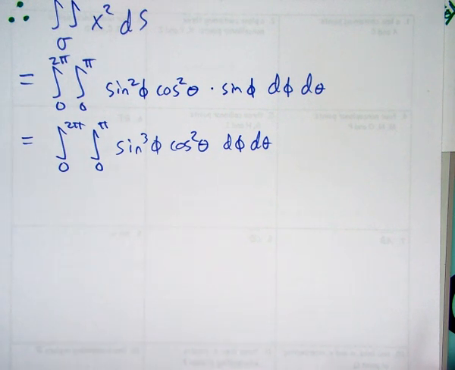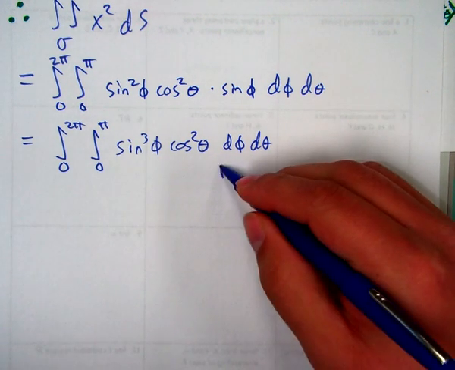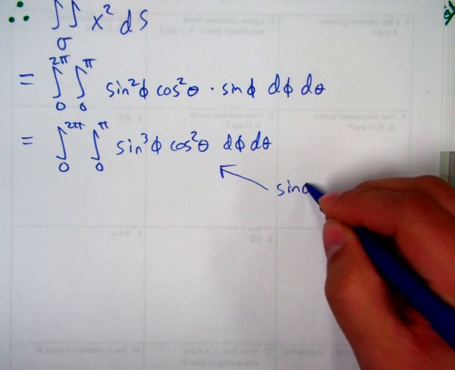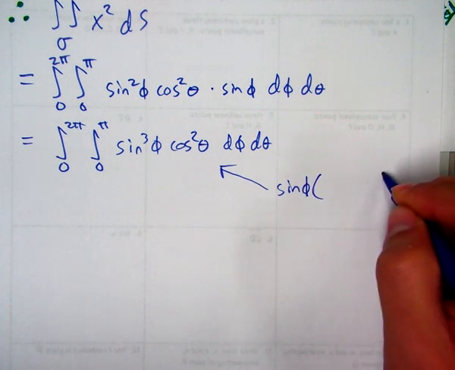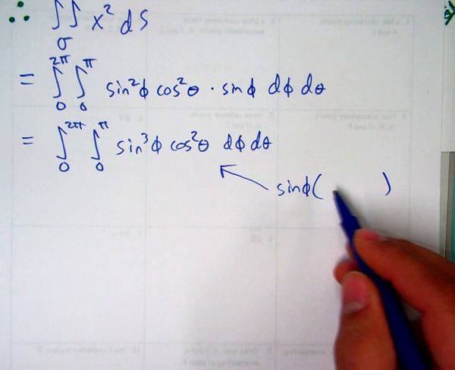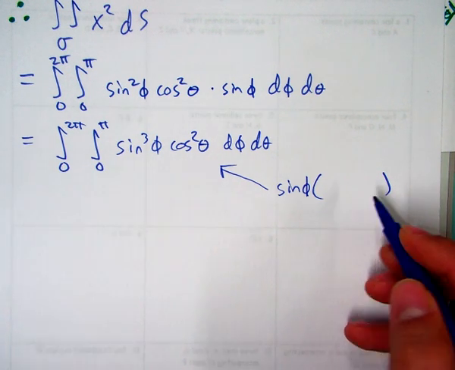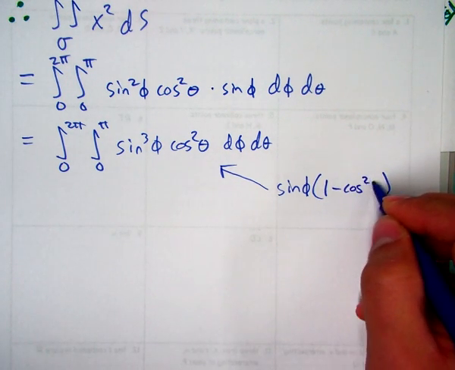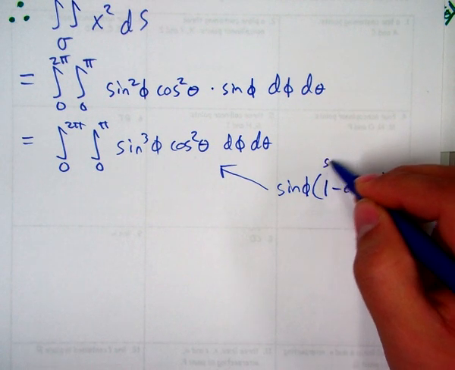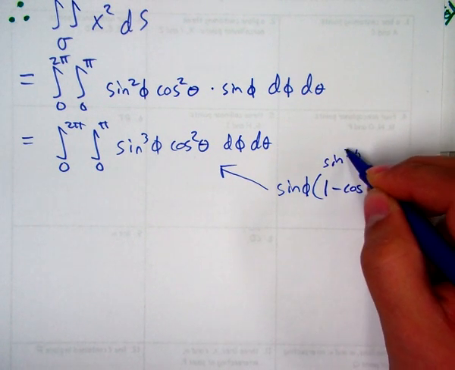How do we work with sine cubed? Pull out a sine and use the trig identity for sine squared, which is 1 minus cosine squared. So what we're taking is sine cubed phi and splitting it up.